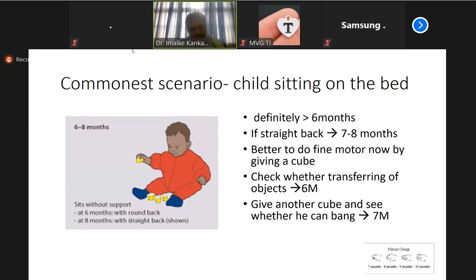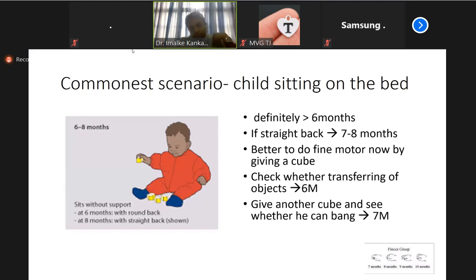Now you used only a few cubes taken out from your pocket, right? Then, okay, now the child will be somewhat familiar with you, right?